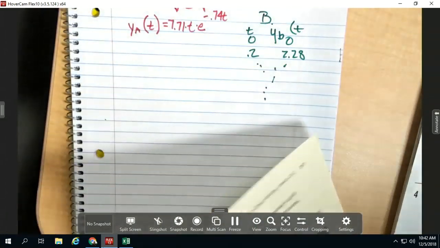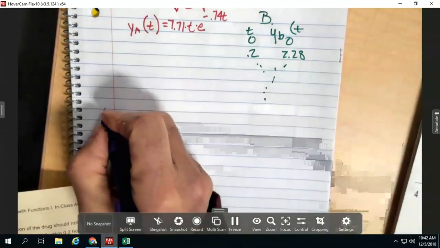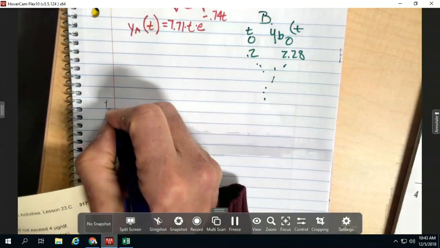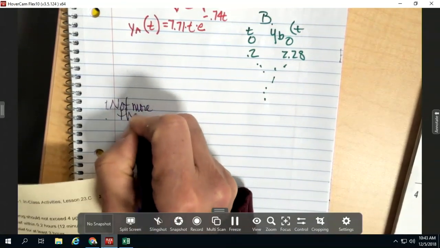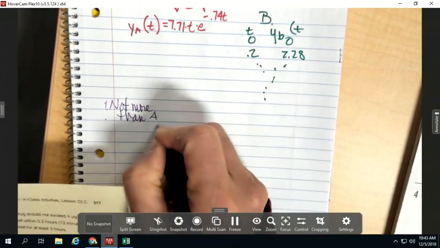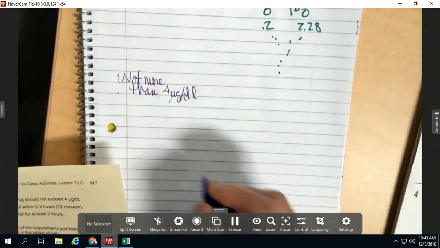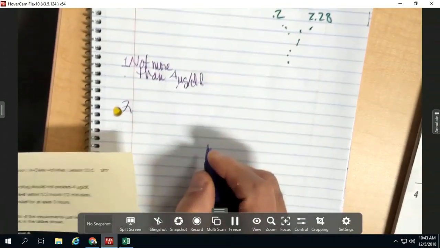Where'd my purple pen go? Requirement 1. Not more than 4 micrograms per deciliter. In other words, the function never goes above 4. 2.